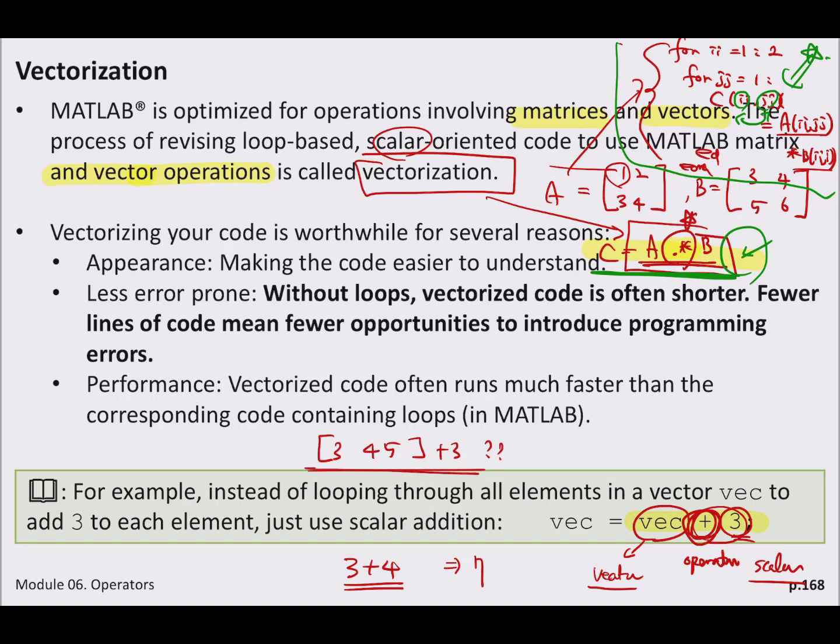How? When you use a vector and a scalar, MATLAB defines this operation as an element-wise operation with this scalar. Okay, this is the new syntax in MATLAB. Plus here is the operator, and this operation is already defined in MATLAB to do element-wise addition.